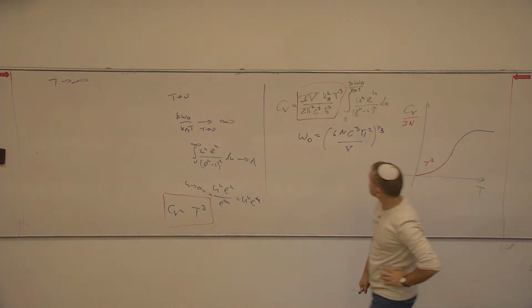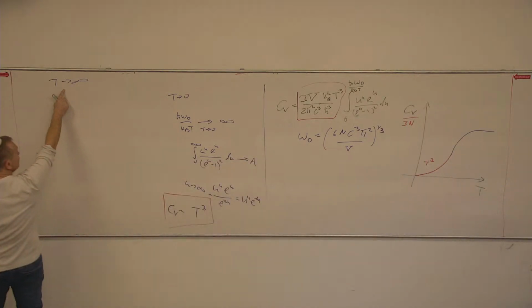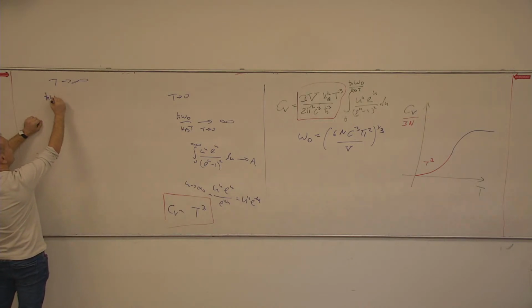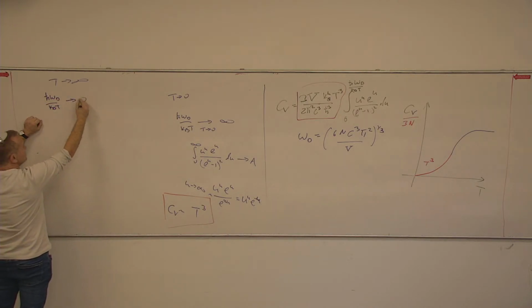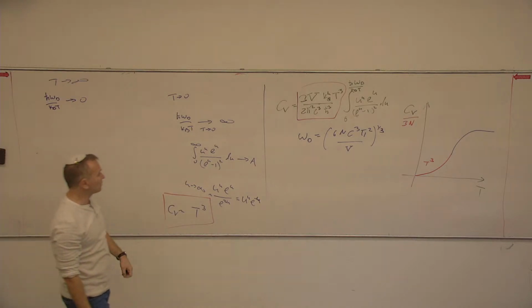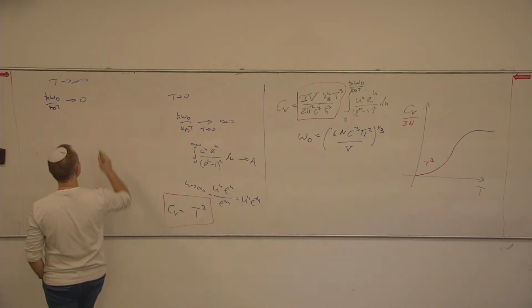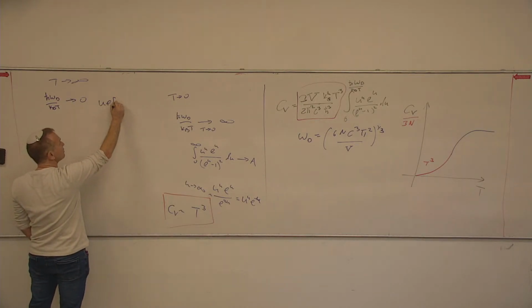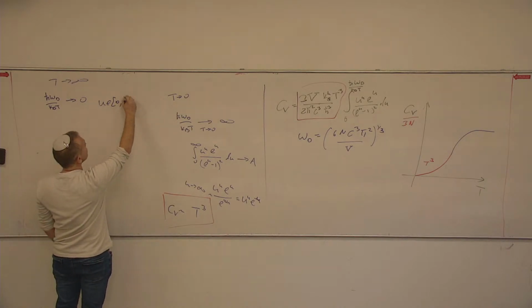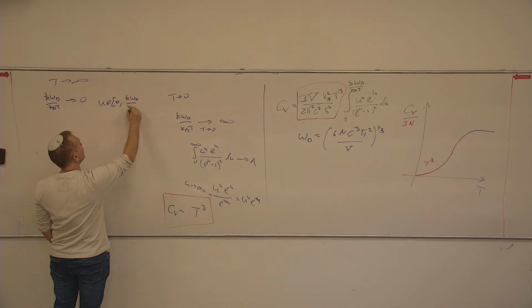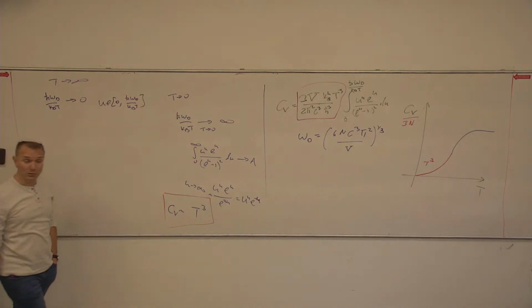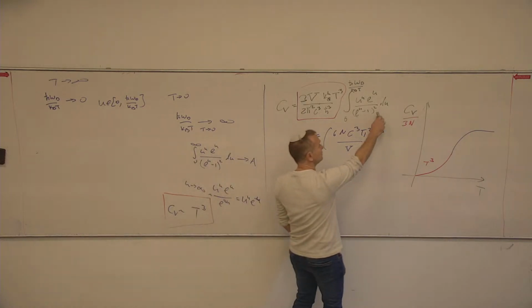Okay, so let's see what happens. When T goes to infinity, the only thing in the integral that depends on the temperature is ħω_D divided by k_B T, and it goes to 0. So u inside the integral is somewhere between 0 and ħω_D divided by k_B T. So u inside this integral is small.